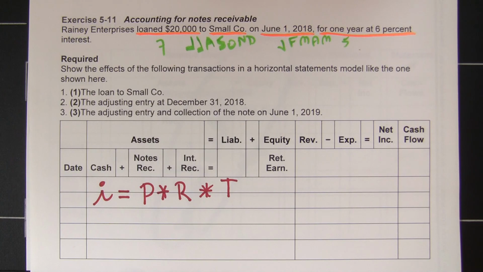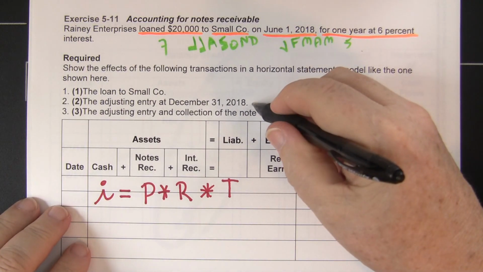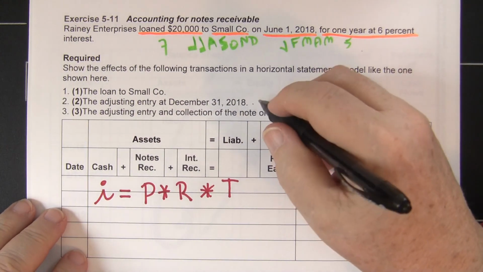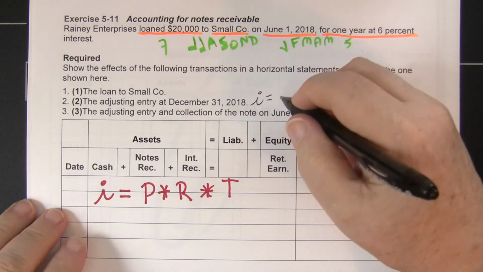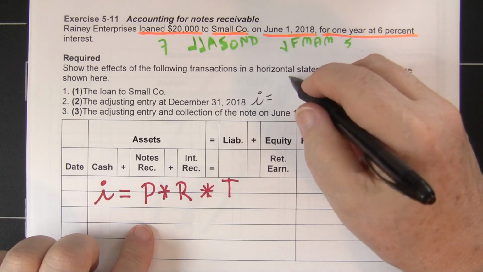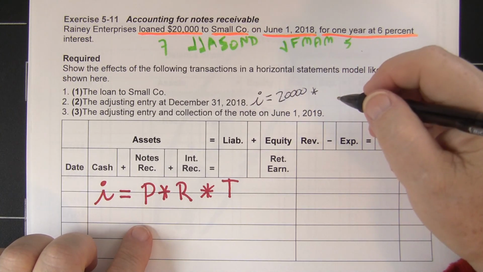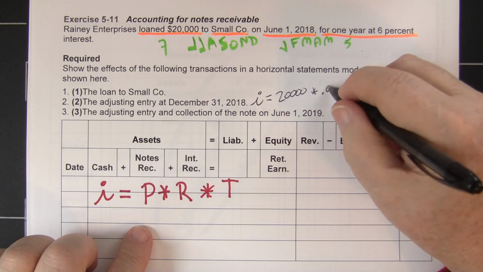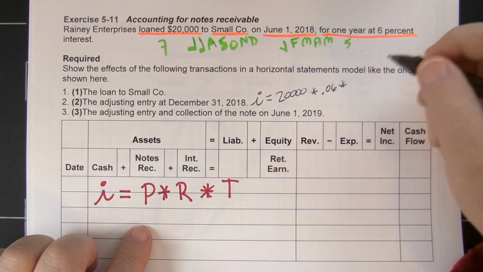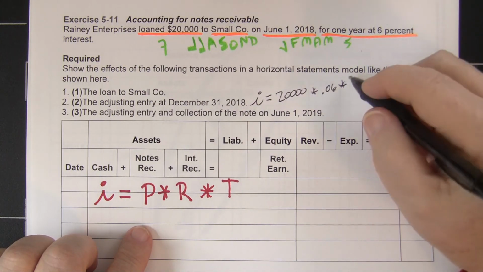So for the entry for the first part, the adjusting entry right here, the interest is equal to the principal, the amount of money we lent, $20,000, times the interest rate we agreed on, 6%, that's 0.06, times time in parts of a year, 7/12.